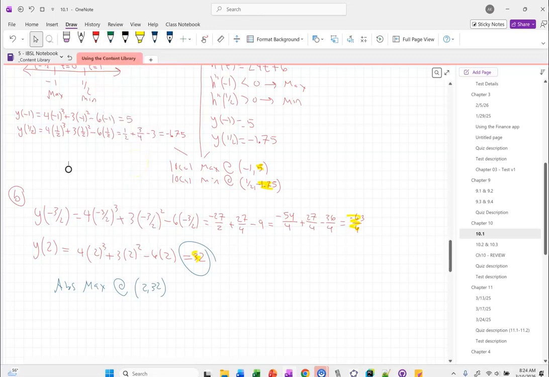And then I look at all the y coordinates, which one is the smallest? That one, right? That's it.